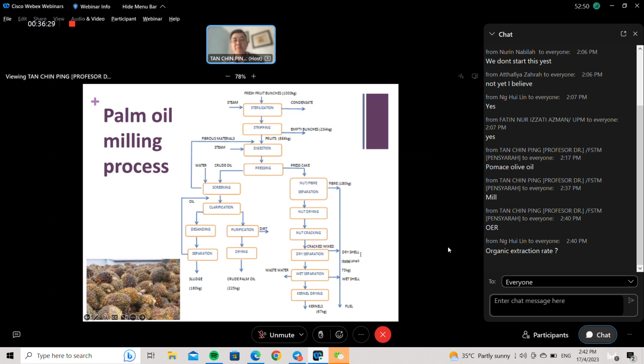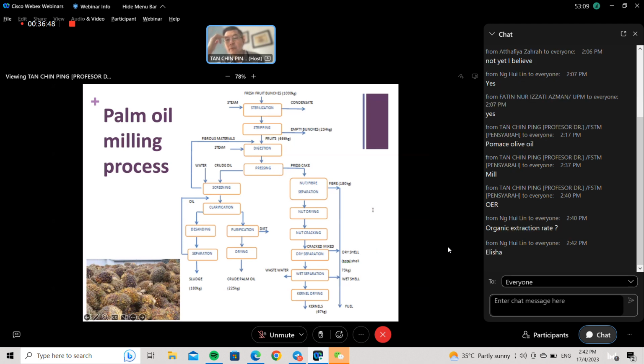So in Peninsula, anyone from Sabah and Sarawak in this particular group? Who is from Sabah or Sarawak? No? We don't have any students? Or at least Alicia is from Sabah or from Sarawak?